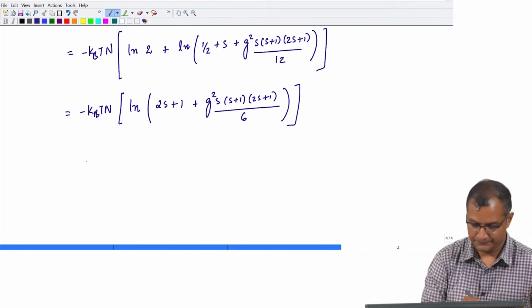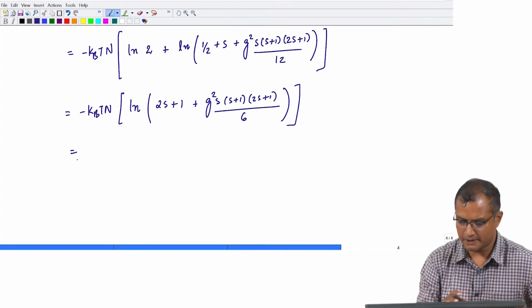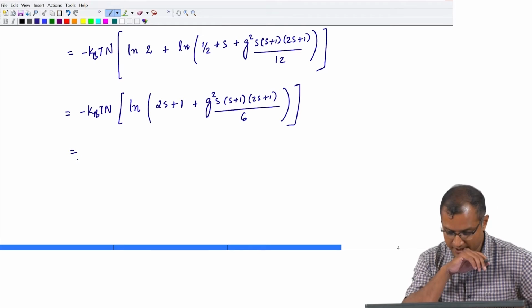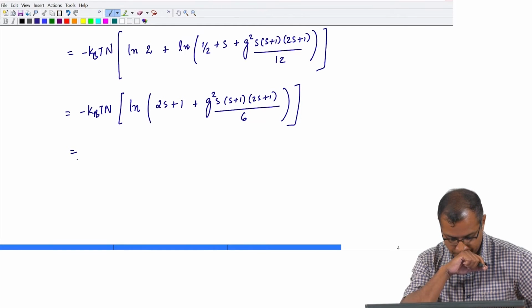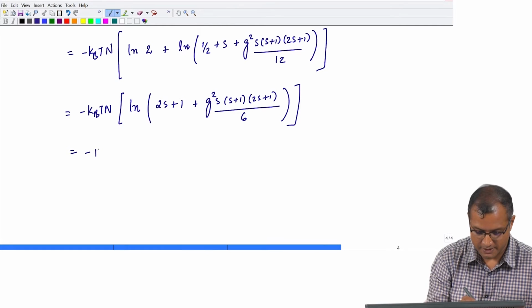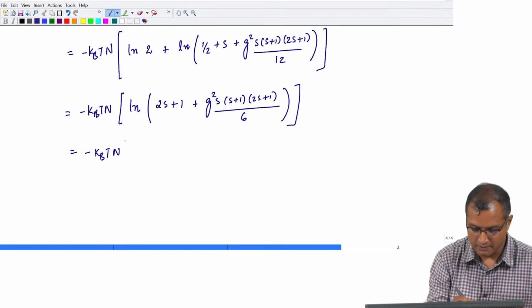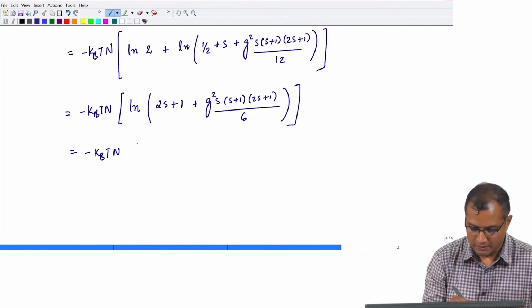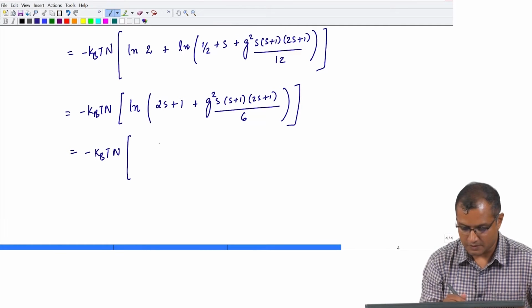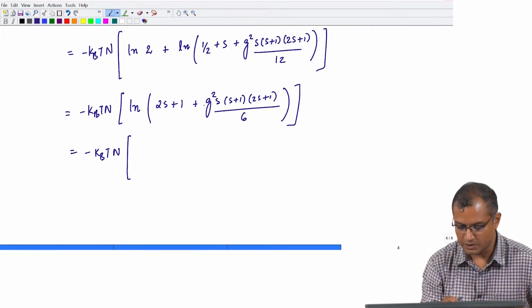And then, I have just multiplied 2 throughout, and what I am going to do is basically take 2s plus 1 also common. So, this becomes minus kb t n, and just 2s plus 1 if I take out.